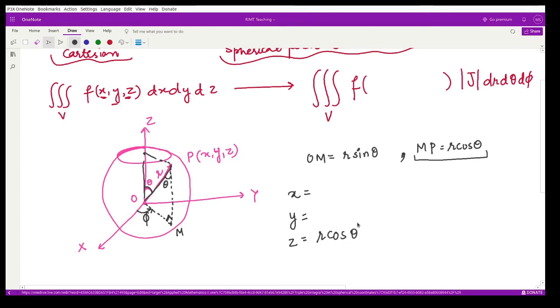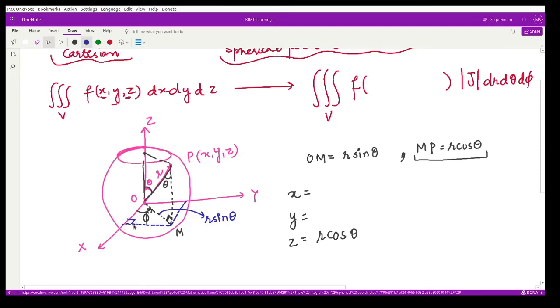And what is the value of x and y? For that we will consider another triangle. We can join this M onto the x and y axes both. When you join this to the y-axis, you will have something like this, and when you join this to the x-axis, you will have something like this. Now if this is your angle phi, and this distance you already know is r sine theta.